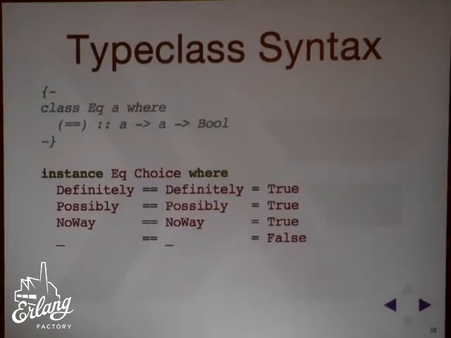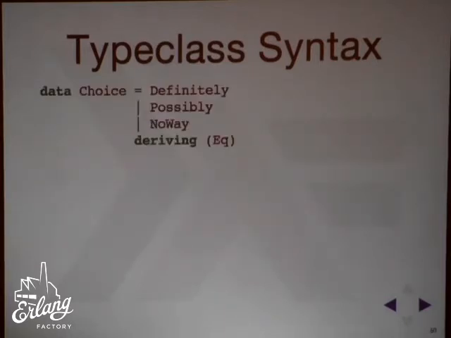But in reality, there's a built-in type class for equality, of course, where you use the equals operator. And you could implement it like this. But that's also stupid because the compiler can just do this for you. So when you define a data type and you want it to support equality, you can just say deriving Eq, and that's it.